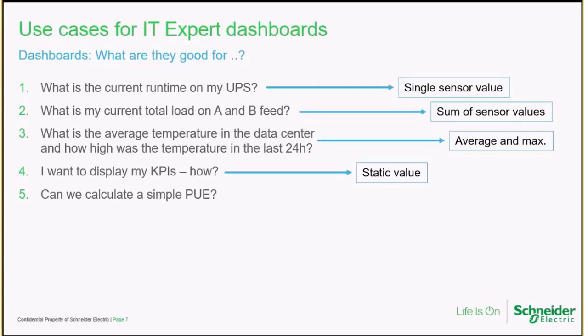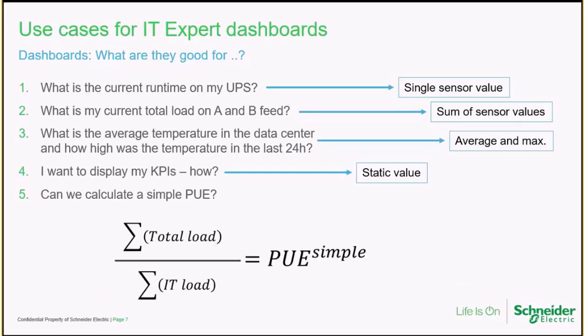So can we calculate a simple PUE? A simple PUE is defined, or in my definition, because you can do PUEs on a very, very high level, complex level, as anybody who has touched on energy efficiency knows. But the simple version is simply, what is the total load of my data center and how much of that load am I using on my IT equipment, on my servers?